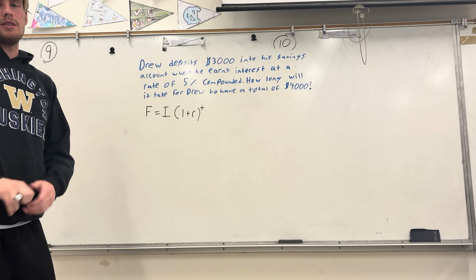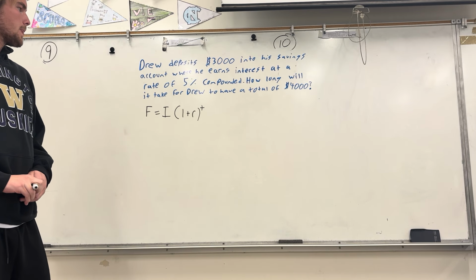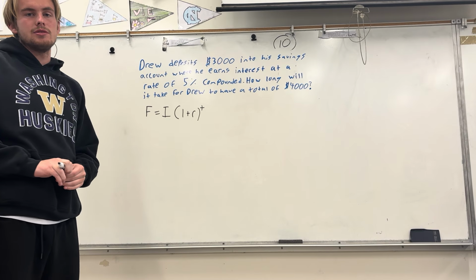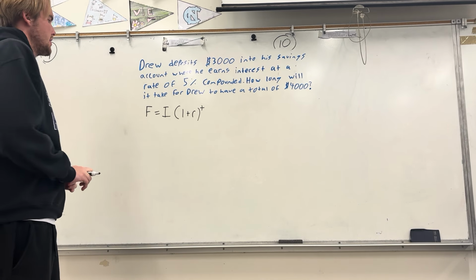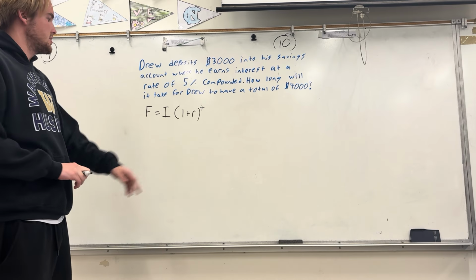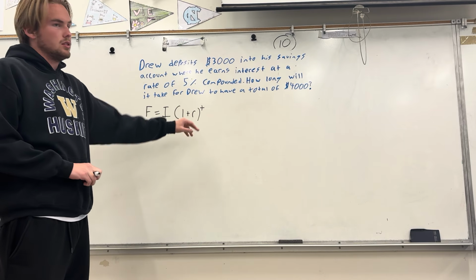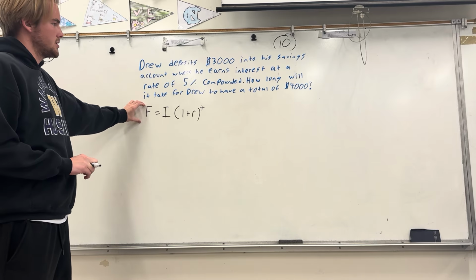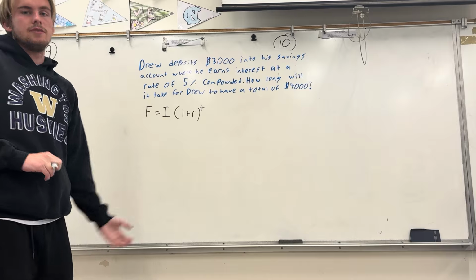A couple things about this formula. You may see a formula that looks kind of like this online, but they're going to use different letters. I think it uses A equals P times 1 plus R to the power of t. I just changed the letters to make more sense for me, because what F really represents here is the final amount you're getting.